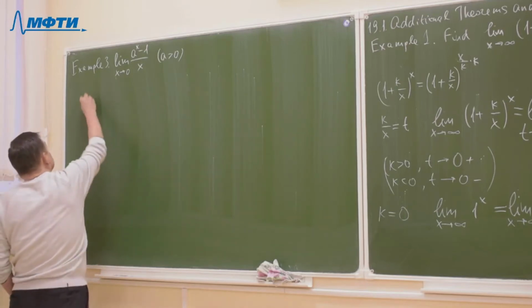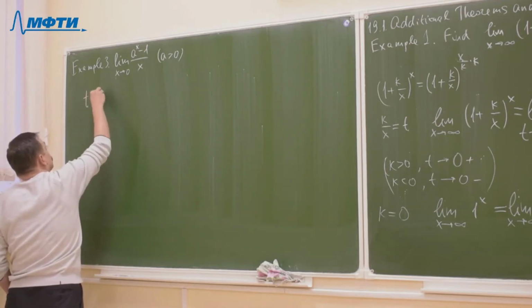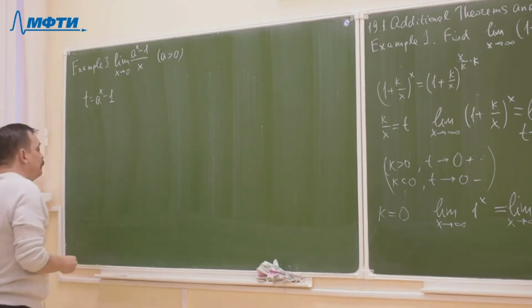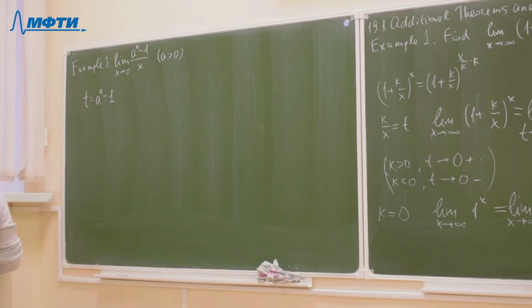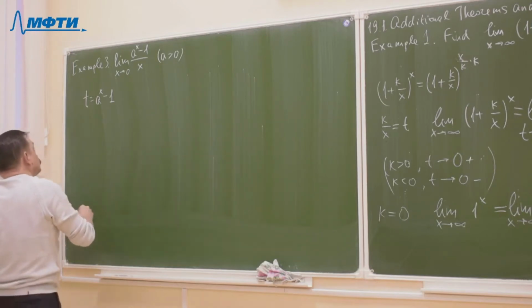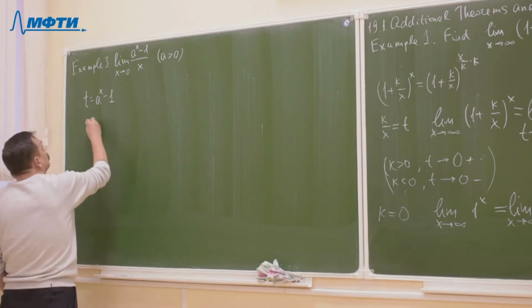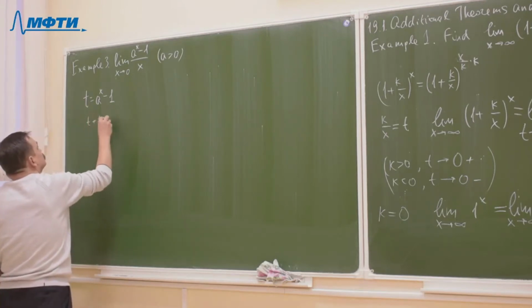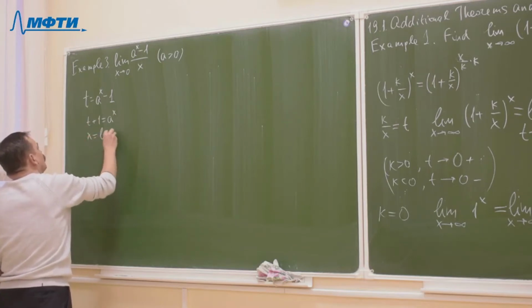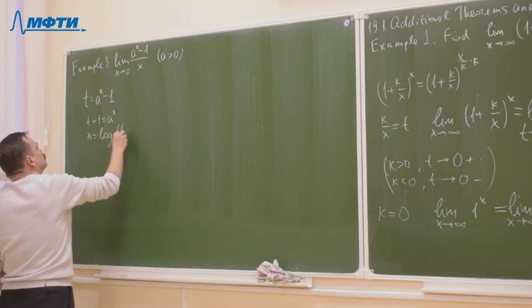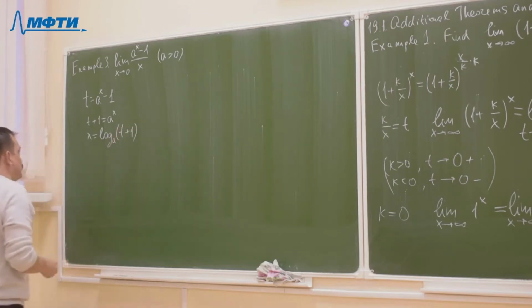Okay, let us make the substitution t equals a to the power x minus 1. Then how is it connected with x? t plus 1 equals a to the power x, so x equals logarithm of t plus 1 with base a.